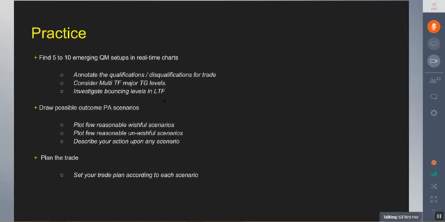Sometimes you really need to, but try to be as precise as possible on the level, be a pip precise on the level. And if you leave some room for spread, just mention that so we know it's not part of your analysis.